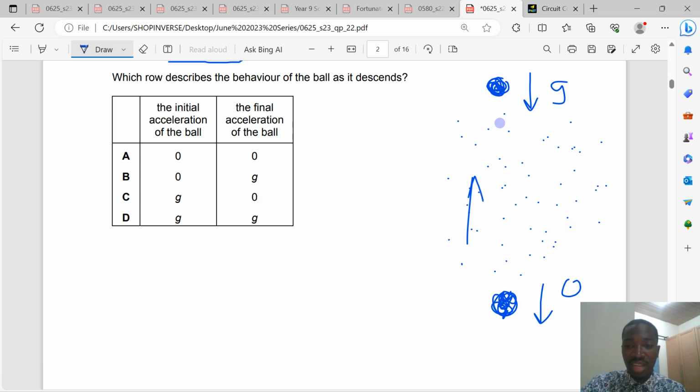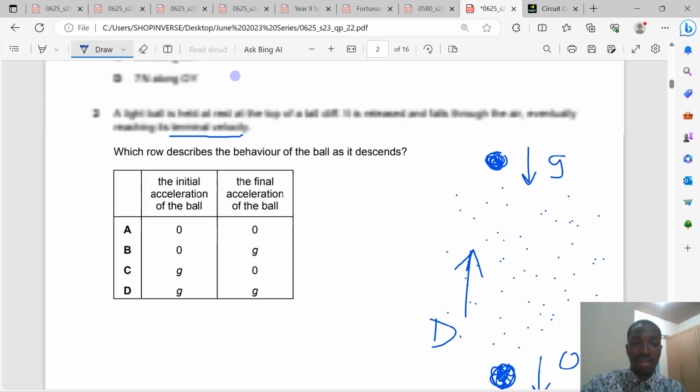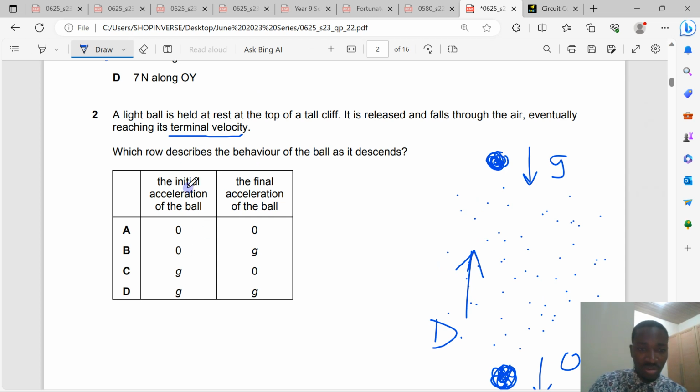Drag is that force that opposes the falling of the object. Drag opposes this acceleration, so acceleration begins to reduce till it becomes 0. Then it falls downward with a constant velocity known as the terminal velocity. So initial acceleration is g, final acceleration is 0. C is the only one that gives us the correct answer, so we pick option C.